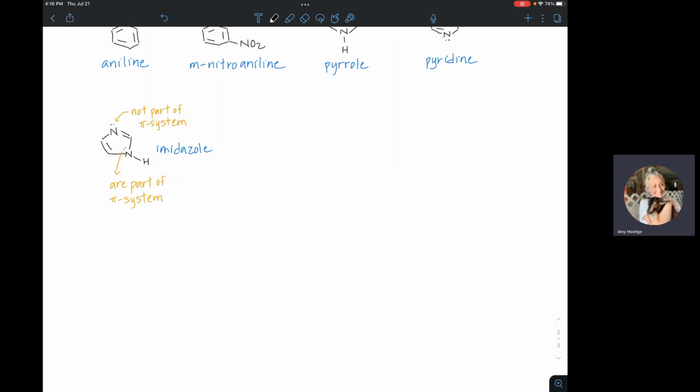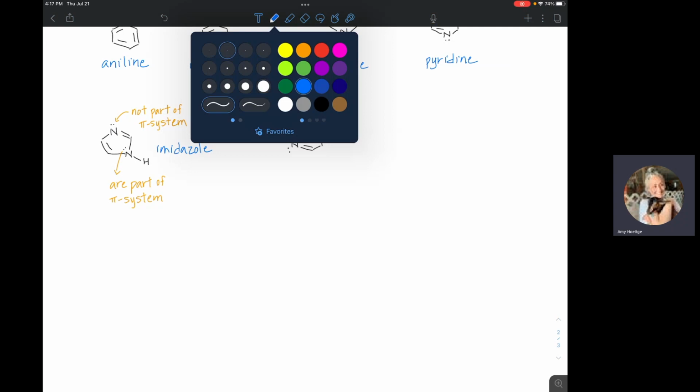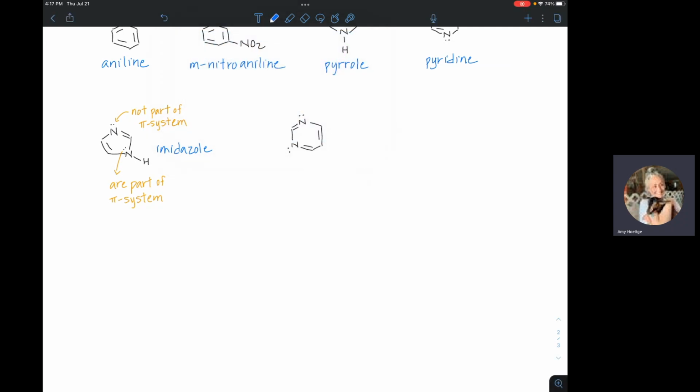Another one, so if we want to do a six-membered situation, there's never any real good way to draw these because it takes up so much space. This right here is called pyrimidine.